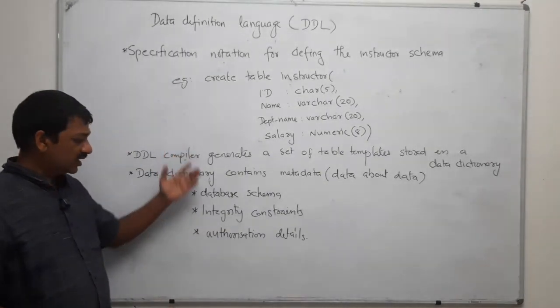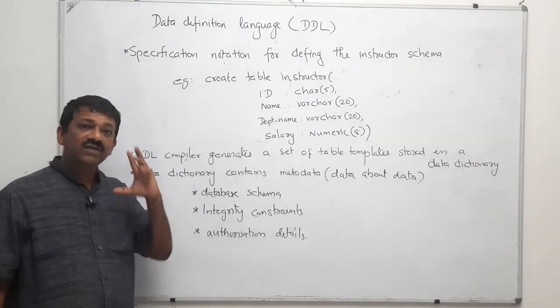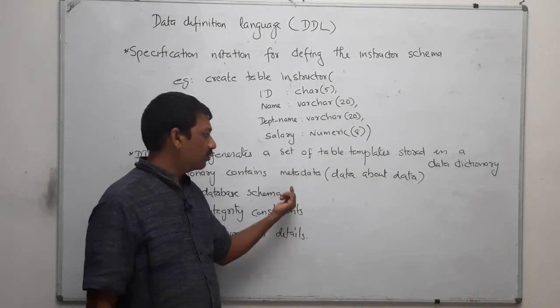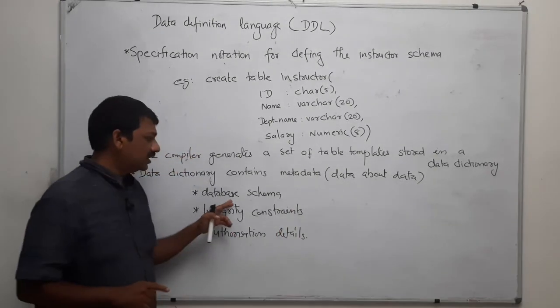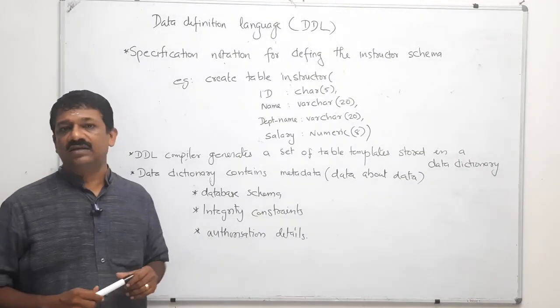That means these authorization details are also given as part of this data dictionary or metadata. Okay, so metadata contains the database schema, integrity constraints and authorization details.